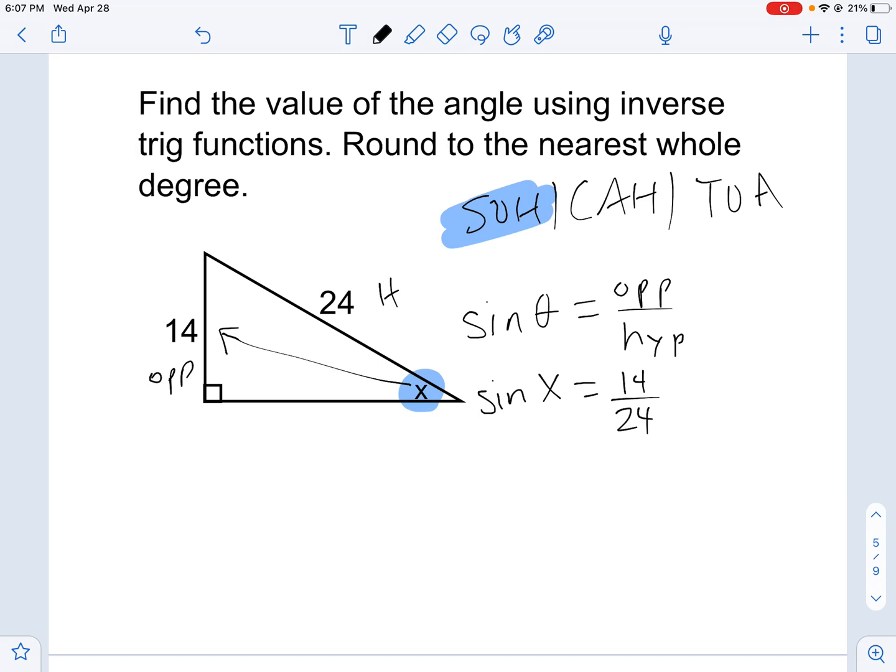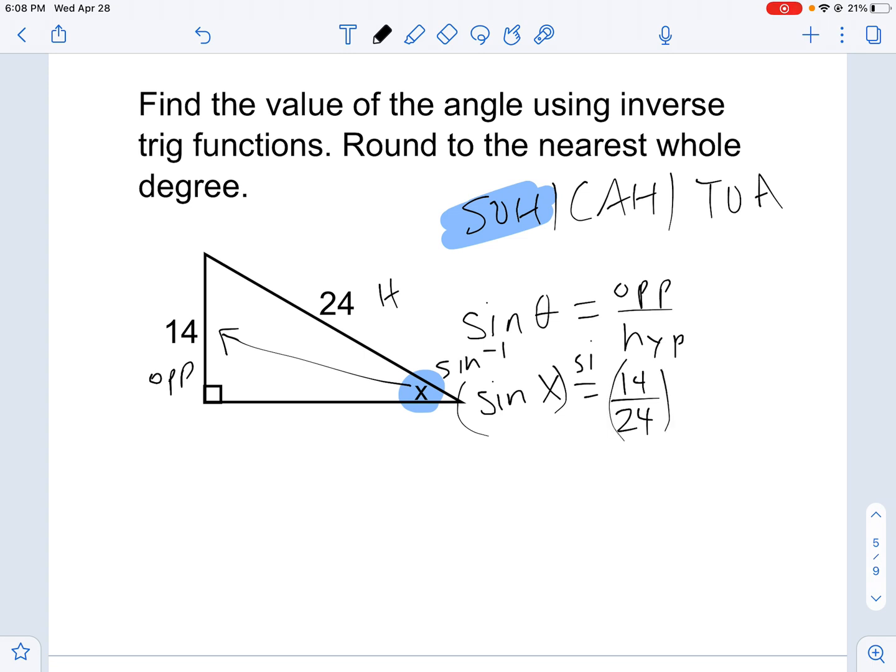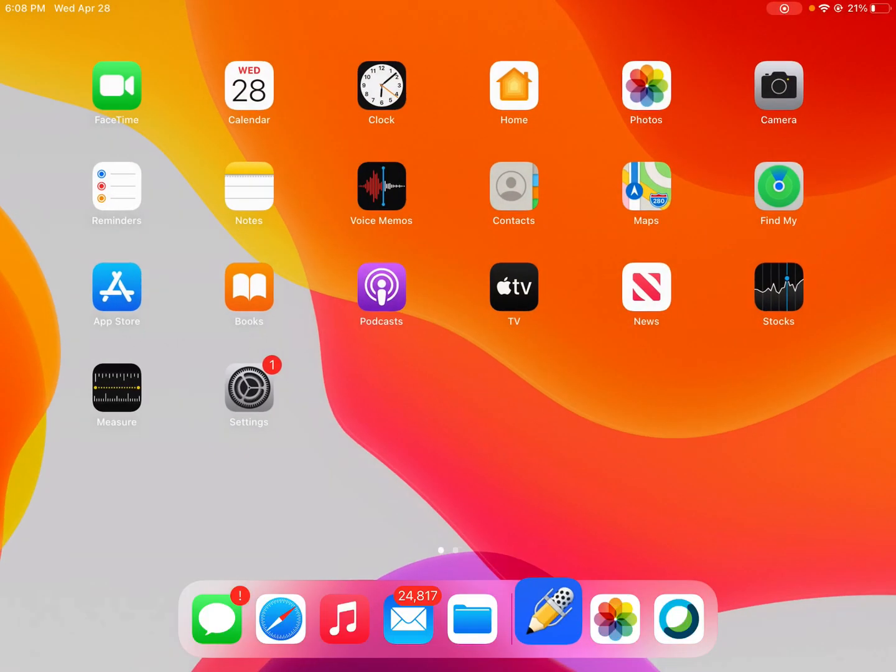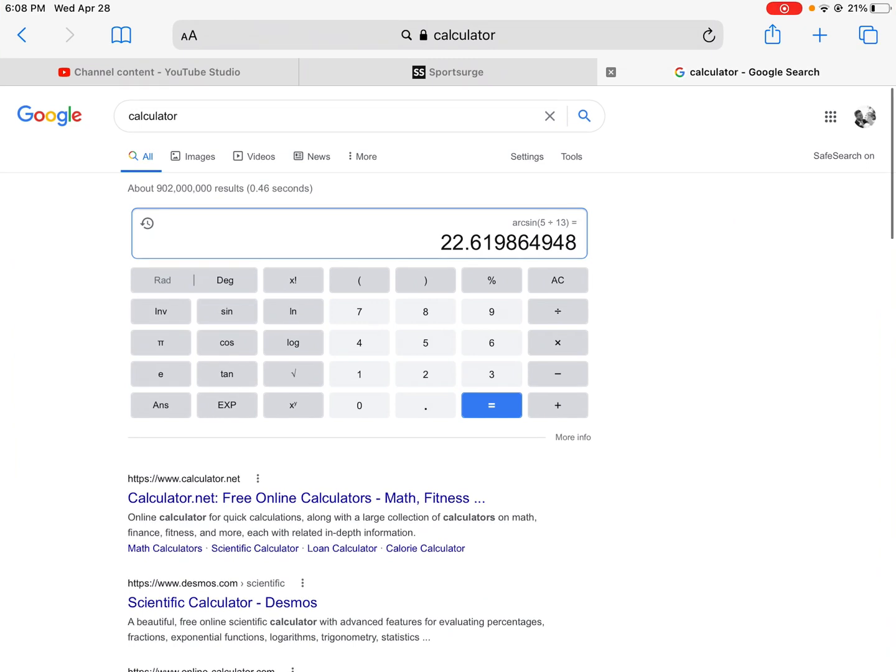Let's see. If I cross multiply, that's not going to help. What about if I take an inverse? Well, what will that cancel out? Well, inverses cancel out. So sine and sine inverse cancel out. Makes sense. And on this side, we have sine inverse of 14 over 24. This time, let's find our answer using Google Calculator. All right.